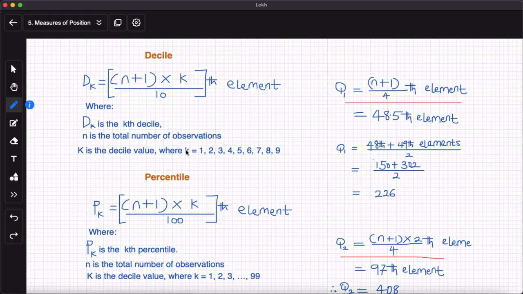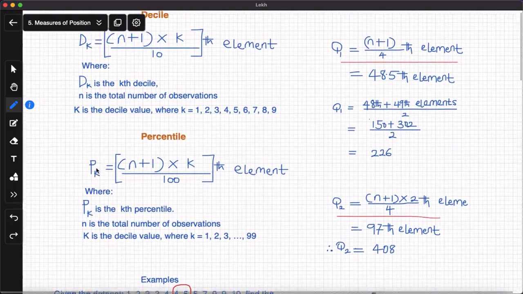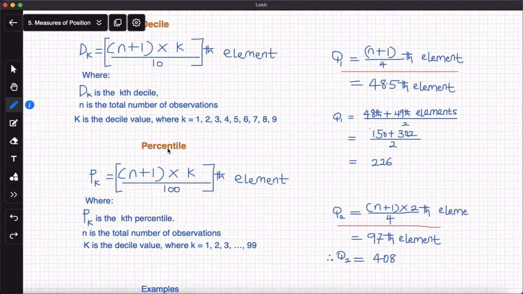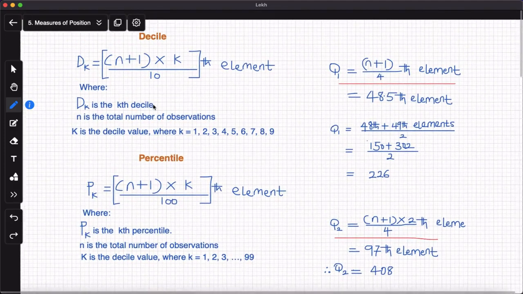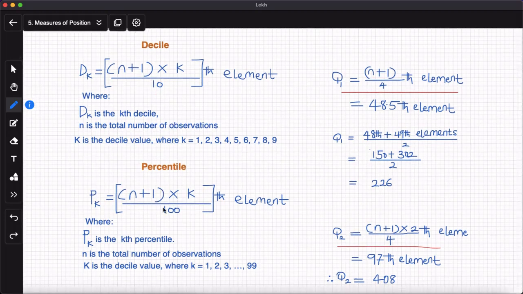All right, so in a similar way, we can obtain the percentiles. And note something, that dk uses 10, while the percentile uses 100.